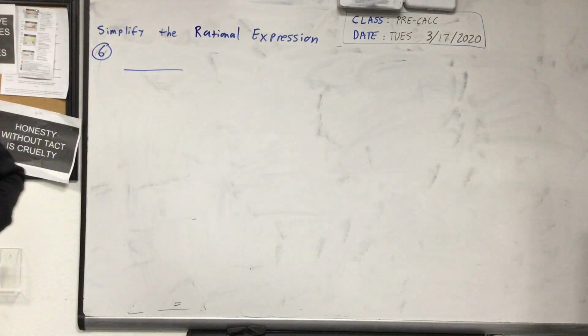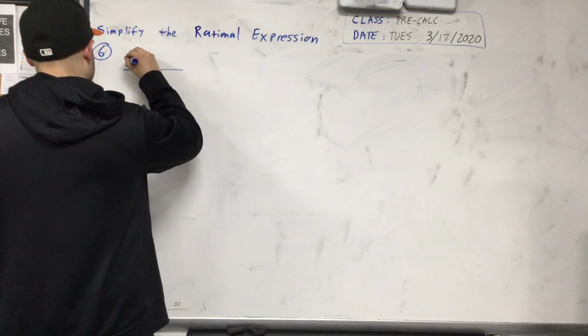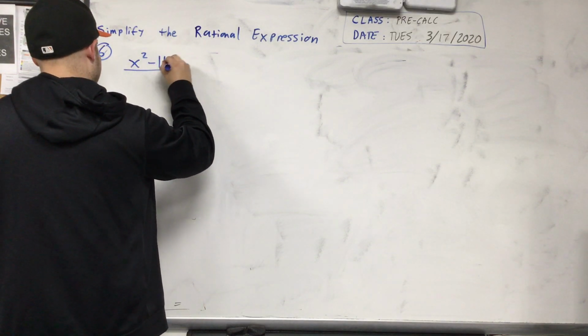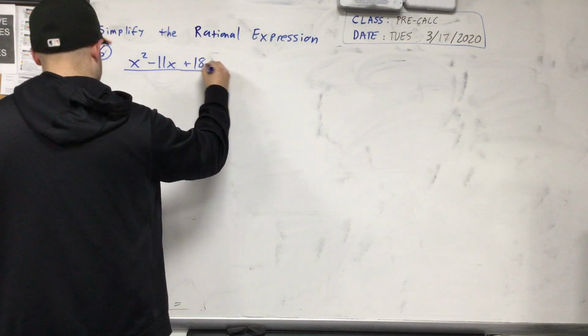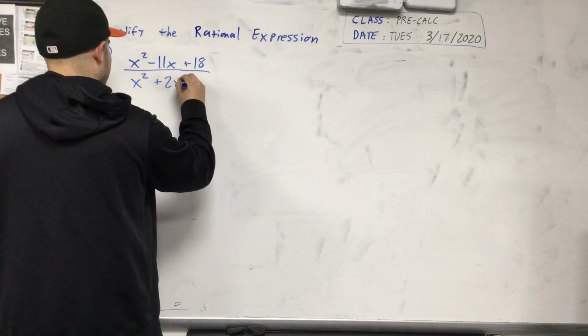Okay, let's do 6, 7, and 8. Number 6: x squared minus 11x plus 18 over x squared plus 2x minus 8.